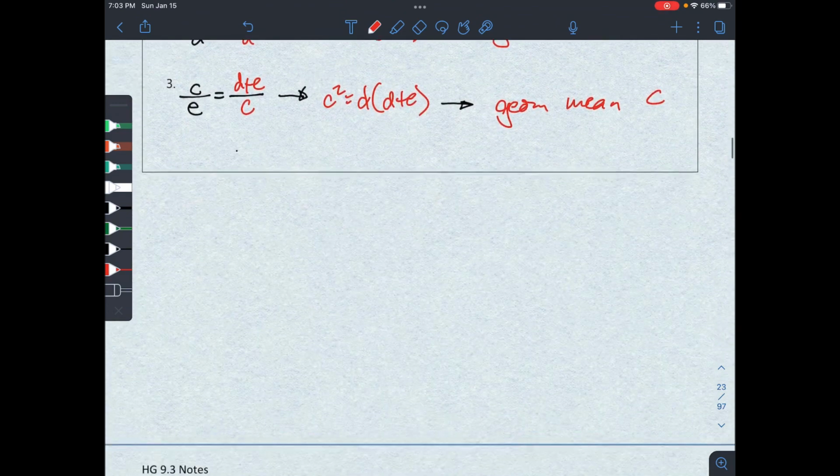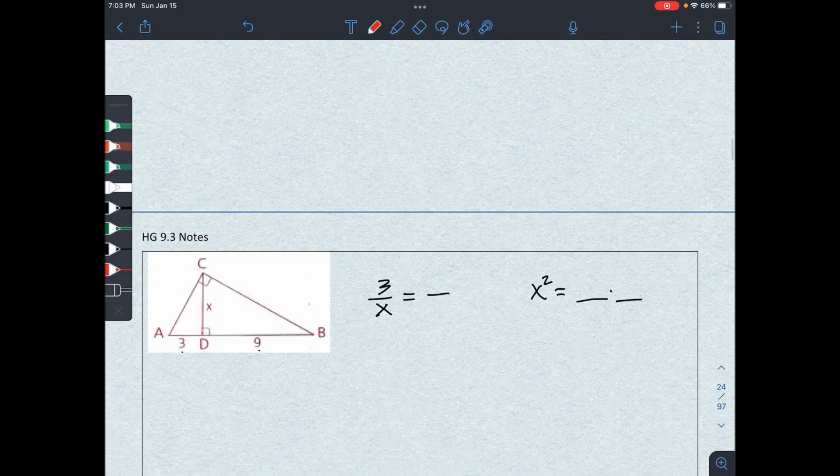All right, here we go, trying it out in an example. I've got two examples for you to copy in your notes, and then you can start working on the homework. So here we see that we've got our legs. Again, you can set this up as the short is to the medium, short is to the medium.